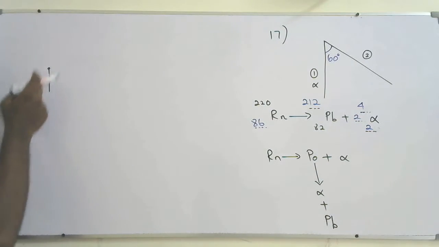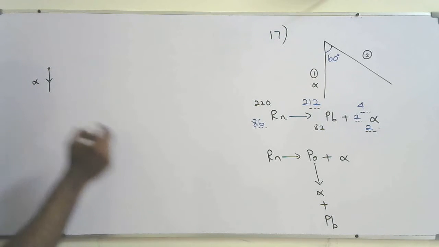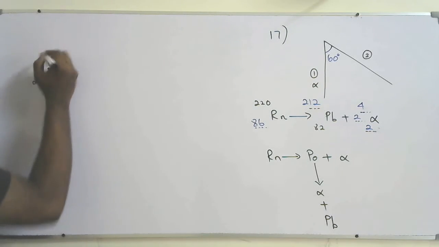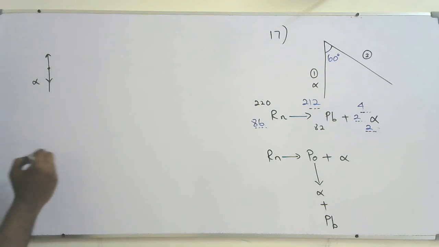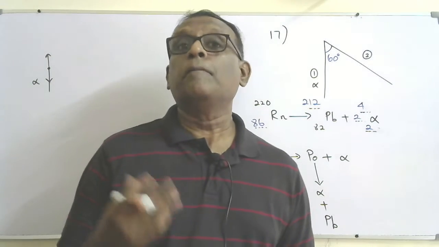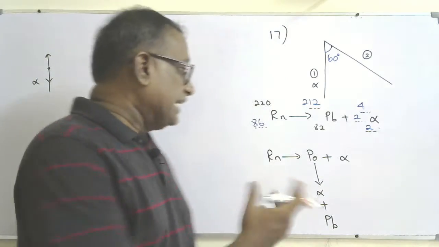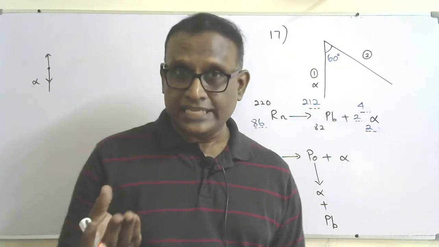If this is the first track produced by the alpha particle, then the polonium will recoil in this direction, because to conserve the momentum, since radon was initially at rest, the initial momentum is equal to 0.